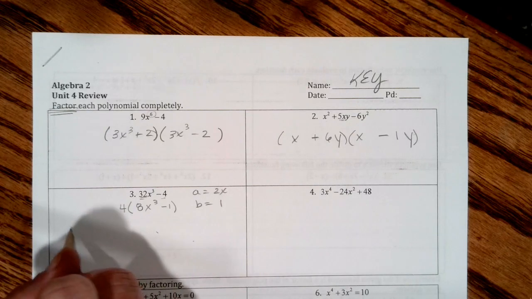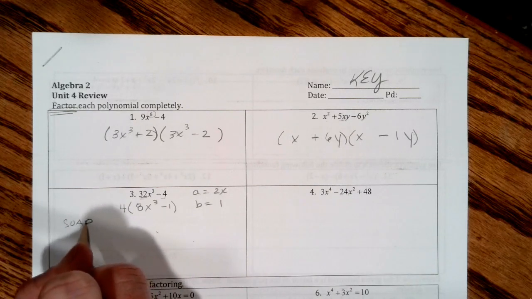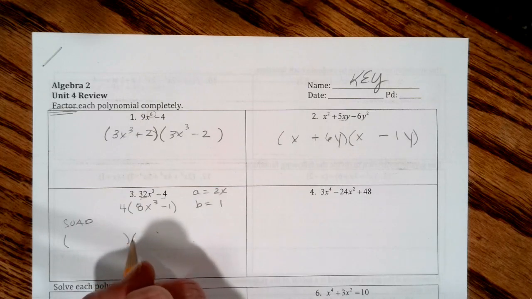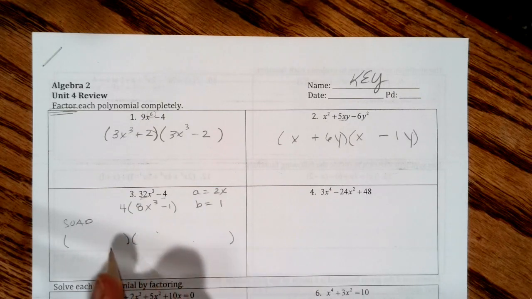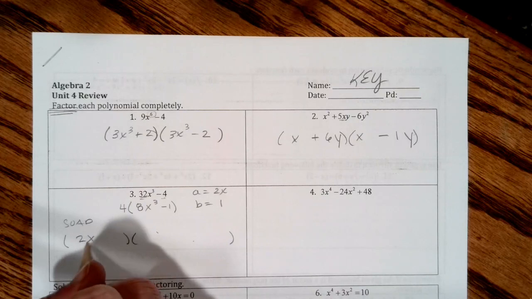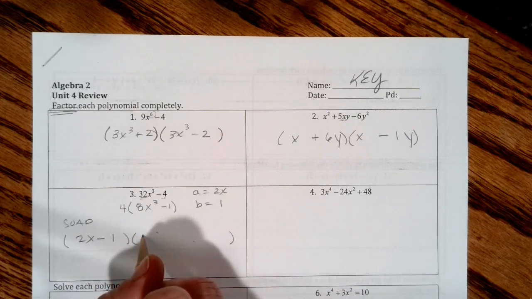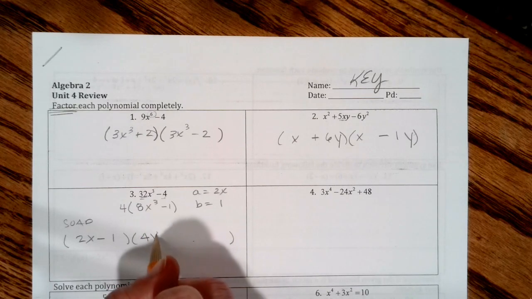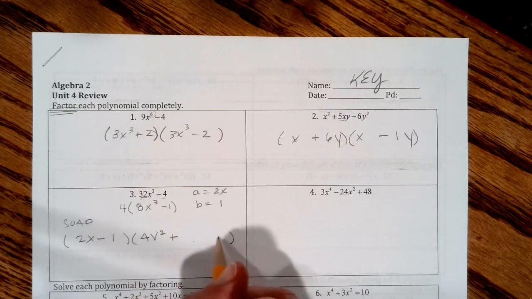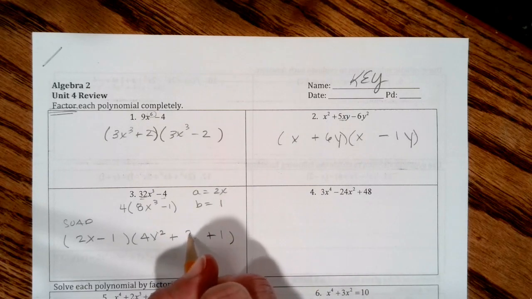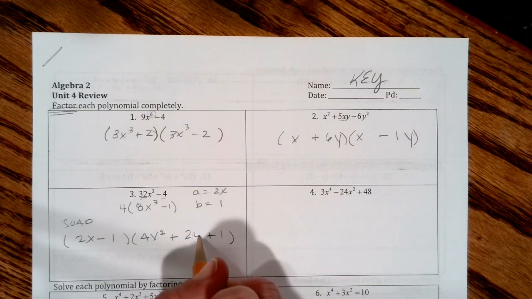If I follow the SOAP pattern, I get my binomial and my trinomial. So I have 2x, same sign, minus 1. And then here's my square, 4x squared, opposite sign, always positive, the square of my b, and my a and my b multiplied together.